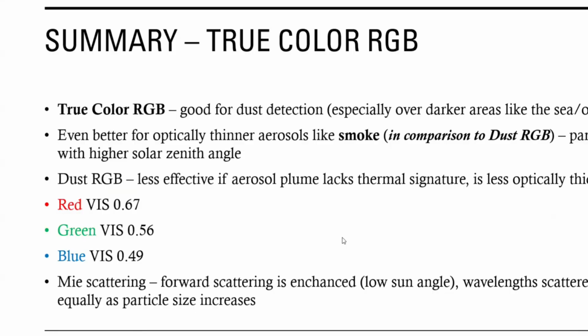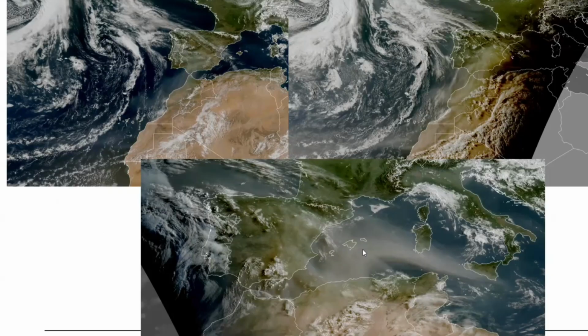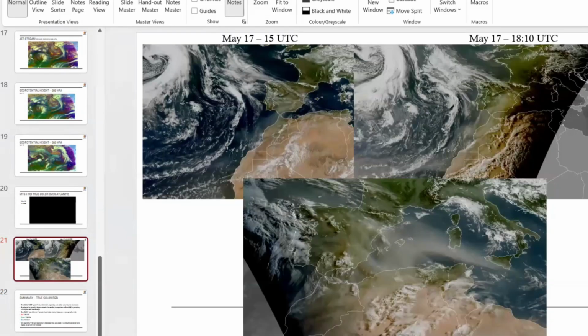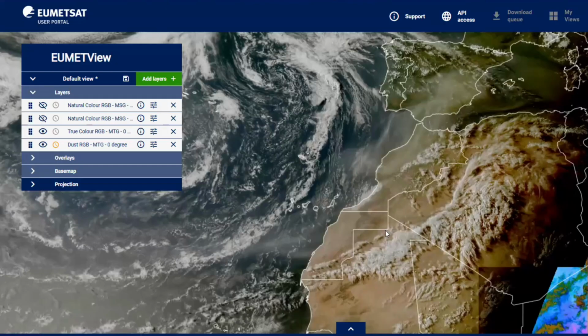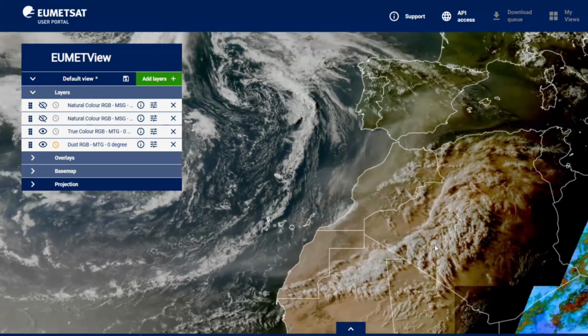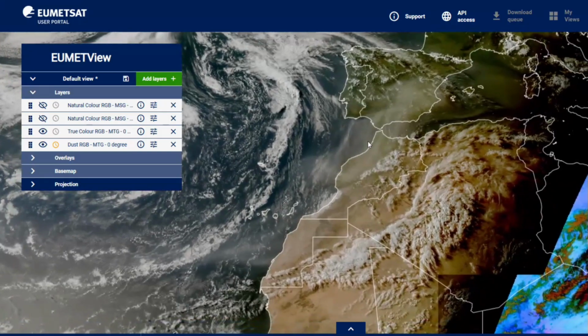And in the summary, I just wanted to show you one more thing, and that was here. If you really want to play with geometry and use the scattering, for example, here we are using the MTG True Color, and the sun is in the west. And if you want to see it on MSG, you can use the IODC, the Indian Ocean mission, with the satellite being further in the east.